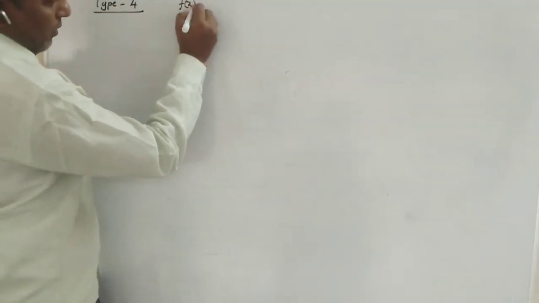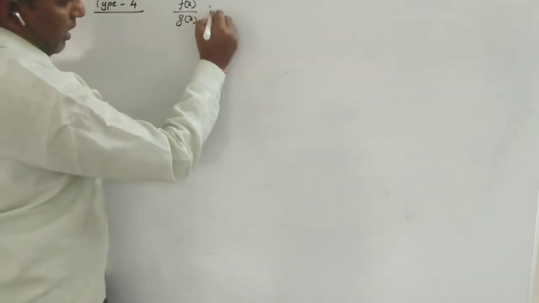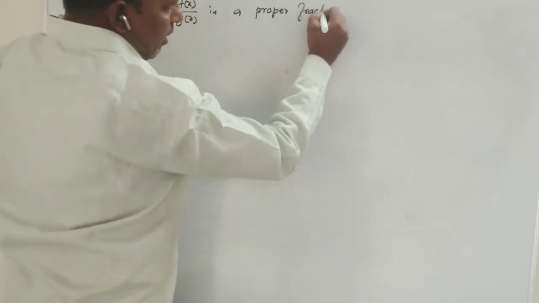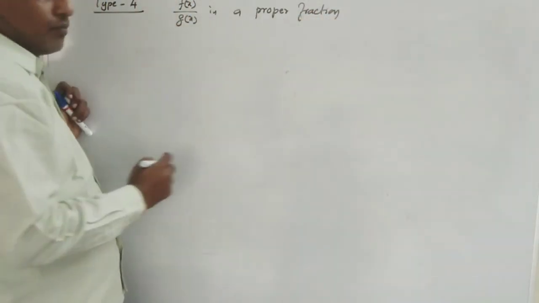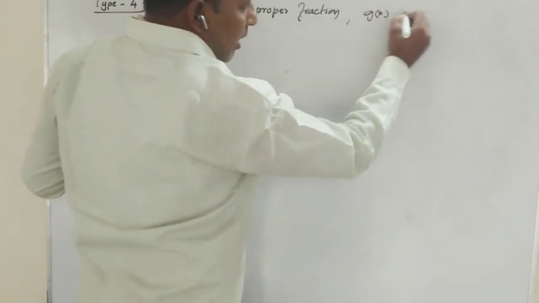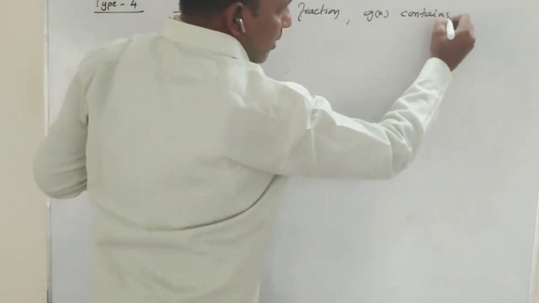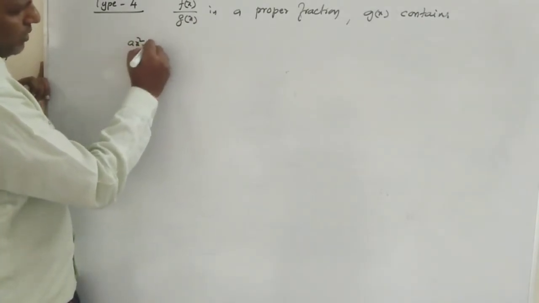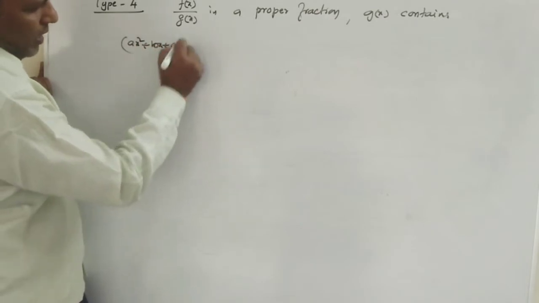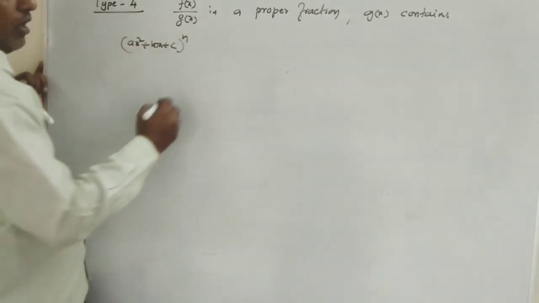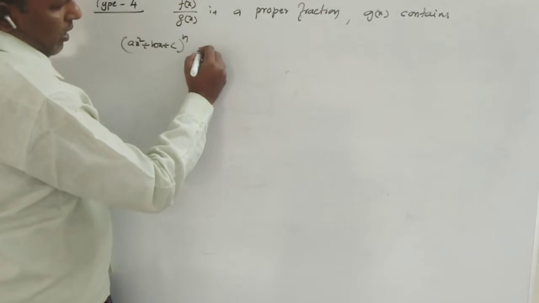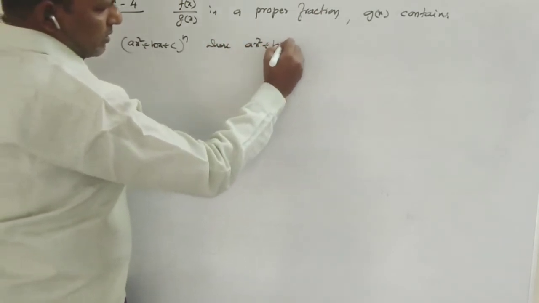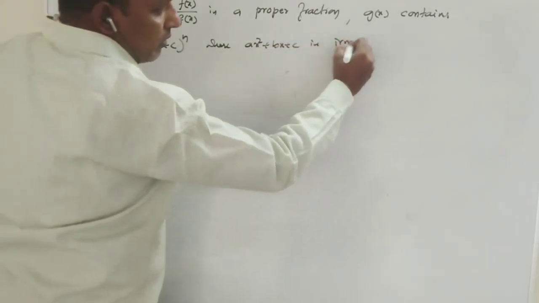Here also f of x by g of x is a proper fraction. G of x contains ax square plus bx plus c whole to the power of n, where ax square plus bx plus c is irreducible.